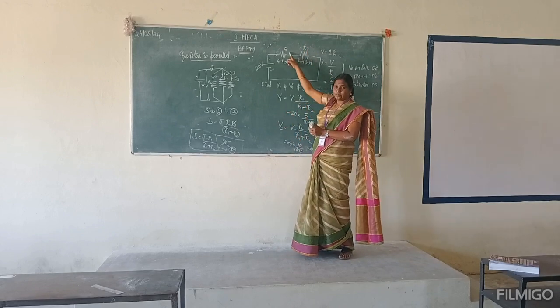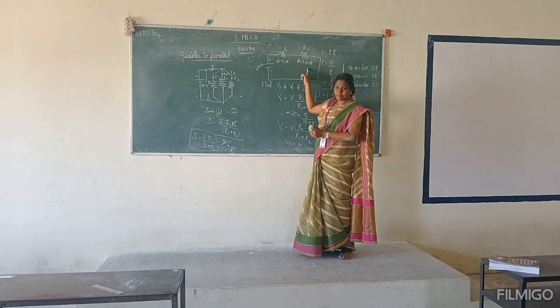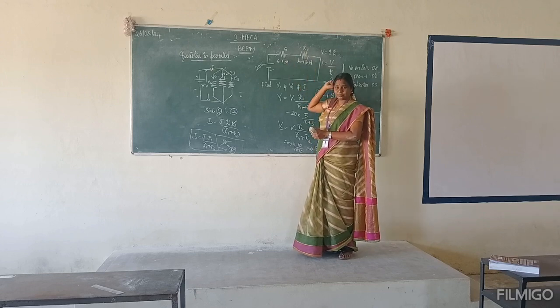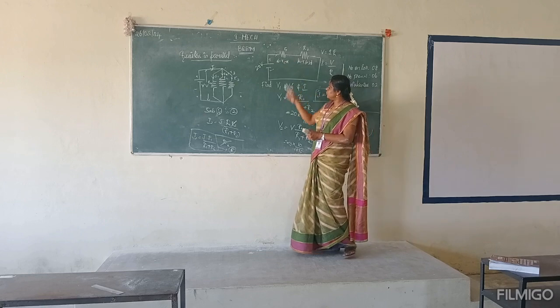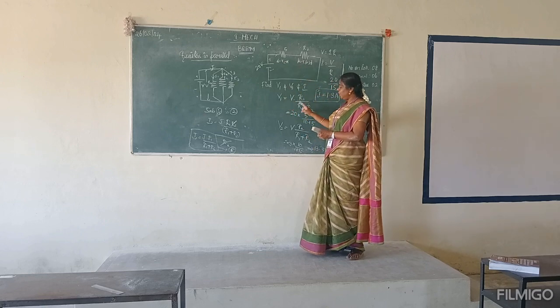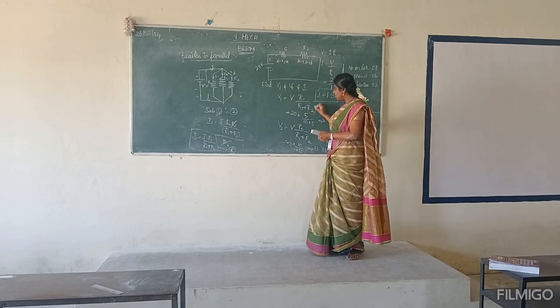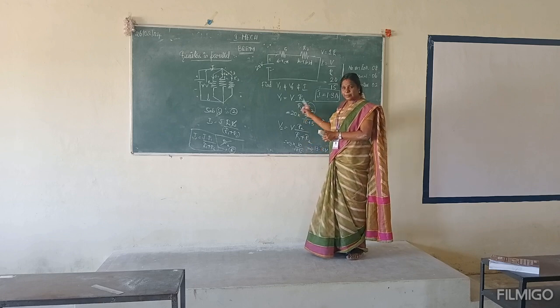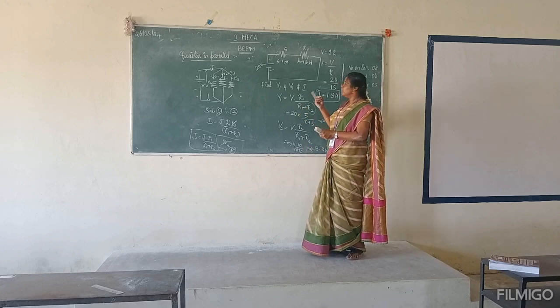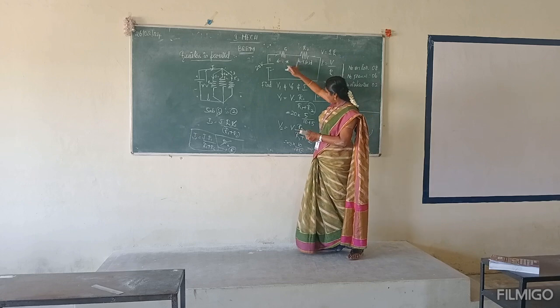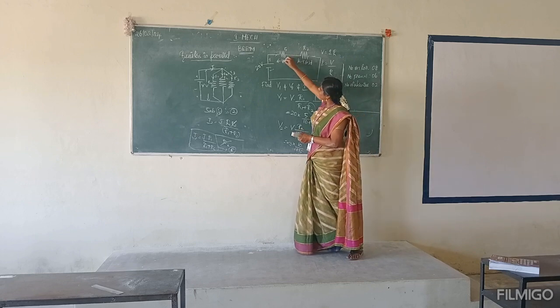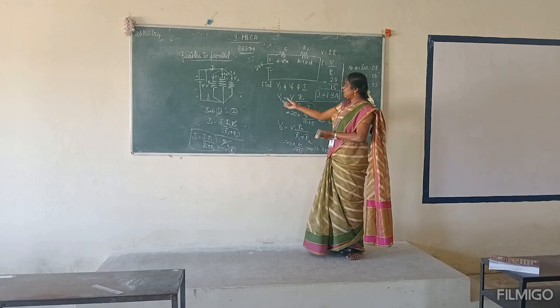R1 I know, V2 I know. I don't know V1, R2. So first in this formula I can substitute 20 into 5 divided by, I don't know what R is, just keep it as R1, 5 plus R2. So I need some values over here. These are the values. So substitute this.